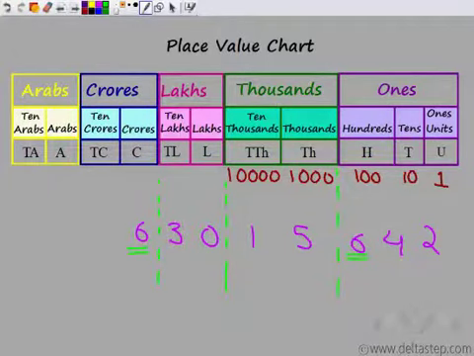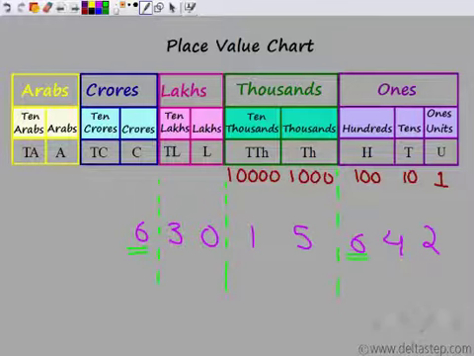So I have two 6s, but what matters is the position where I've written this 6. Here this 6 represents hundreds, whereas here this 6 actually represents crores. So the place where you write a number matters, and that determines the value of the number.